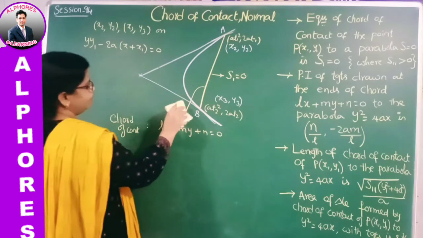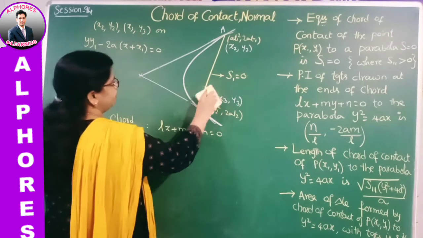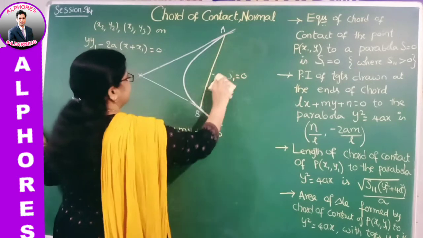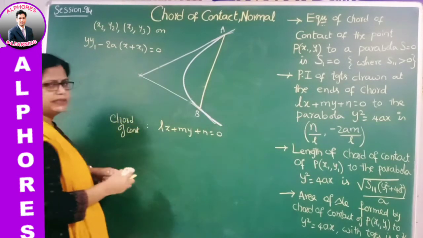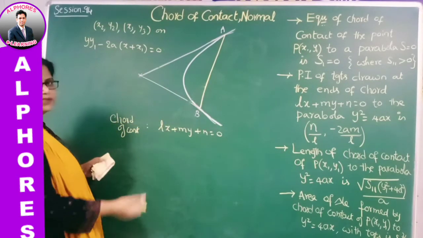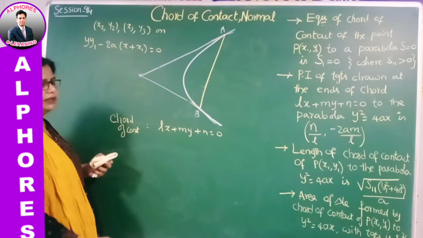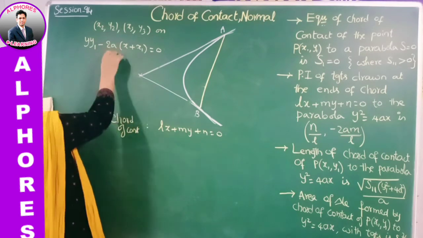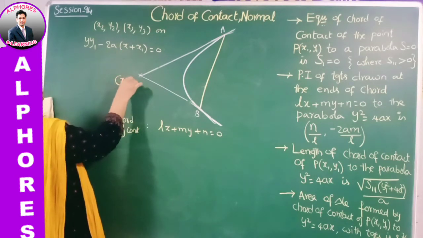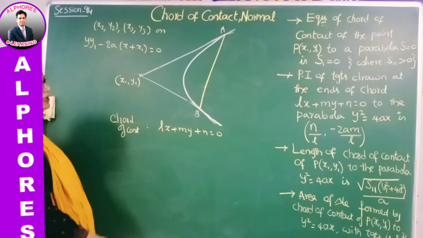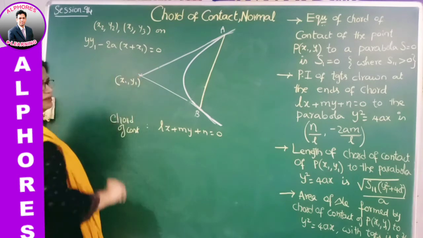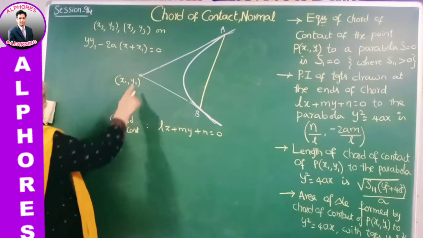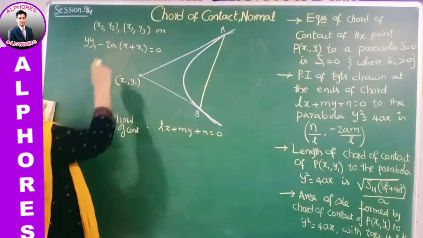So here you can simply make use of the previous formula, easily you can remember, that is whatever tangency, that is the point of contact formula, the same thing you can use, because there also you are taking S1 is 0 as tangent. How you got this is our actual chord of contact, whenever x1 y1 is the point outside. So if you take x1 y1 as the point of intersection of the 2 tangents, students, then this is our equation of chord of contact.